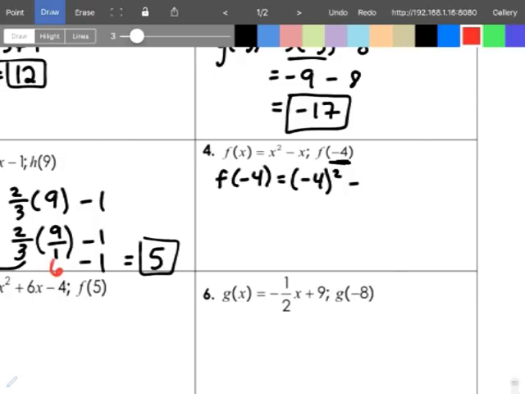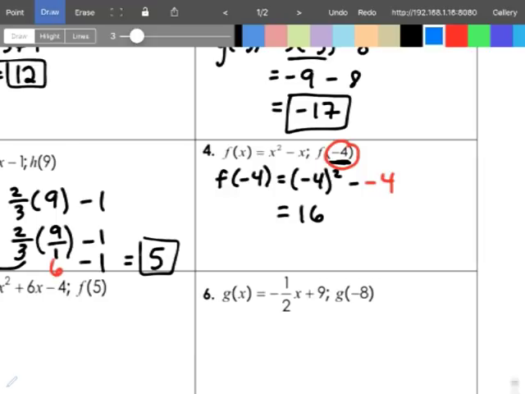So minus, and now I'm plugging in a negative 4, minus negative 4. So negative 4 squared, that's 16. Negative 4 times negative 4 is positive 16. When we have a negative and a negative right next to each other like that, it's just going to turn into a big plus sign. So I'm going to say plus 4. And 16 plus 4 is 20.